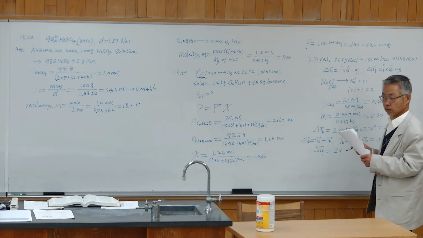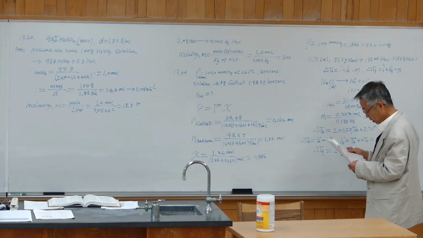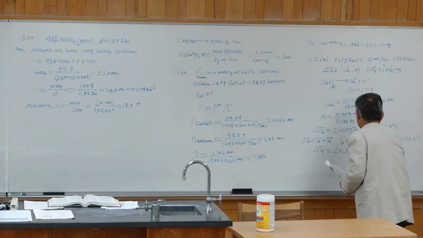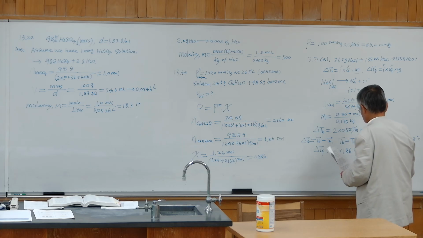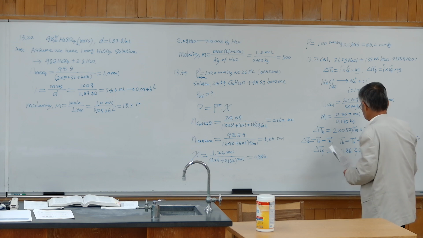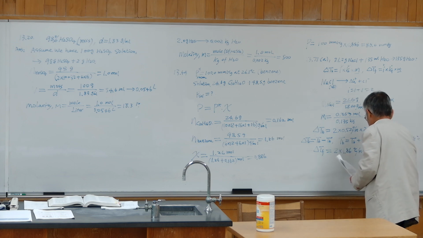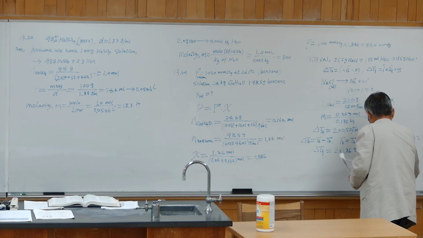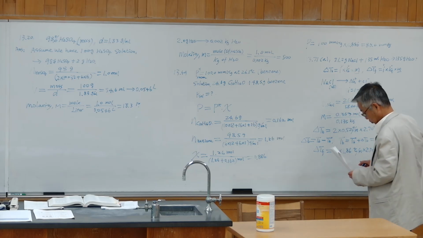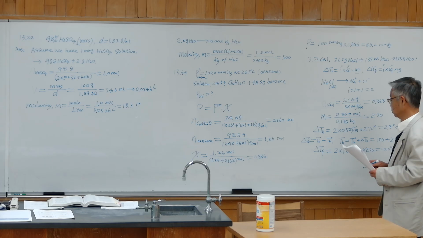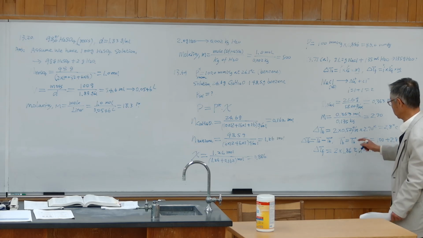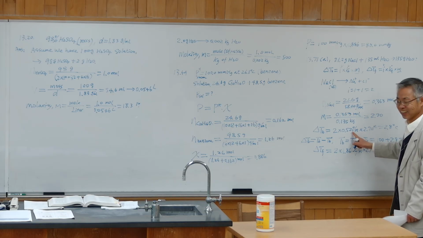Kf, from the table I will provide, is 1.86 Celsius degree per molality for water.